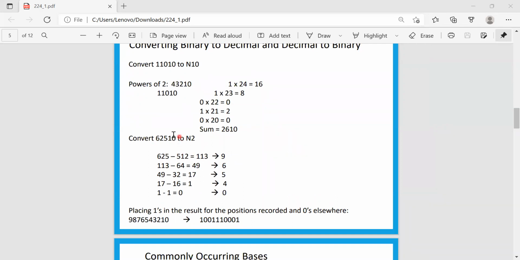If you want to convert this decimal number into binary, we can divide by 2 repeatedly and get the binary value.